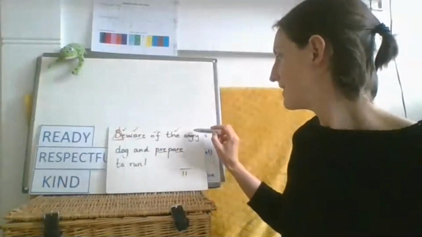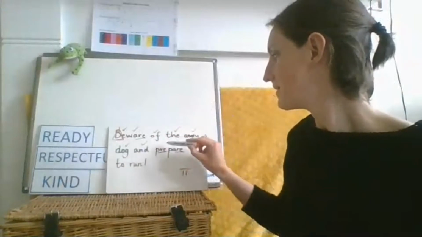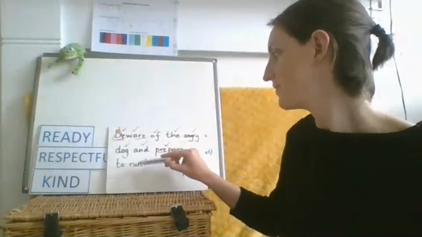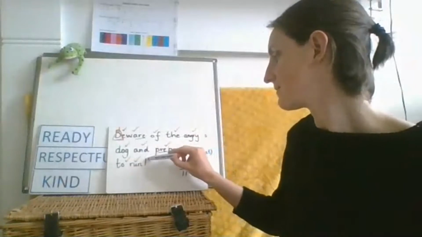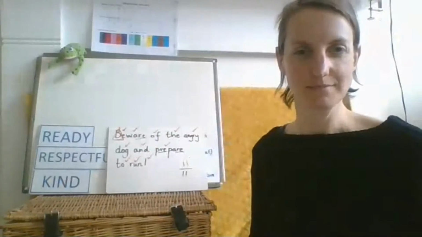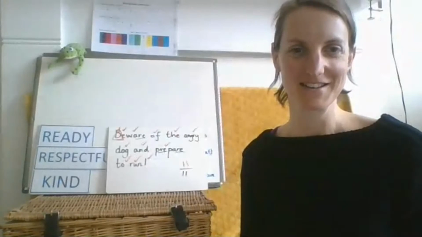Of the angry dog. And prepare, prefix and the air ending, to run with the exclamation mark. Okay. How was that one? Can you show me with your thumb and tell me later?